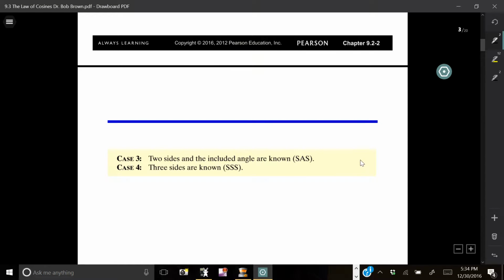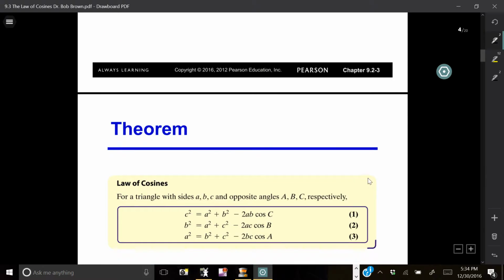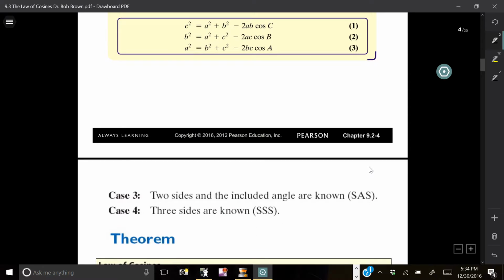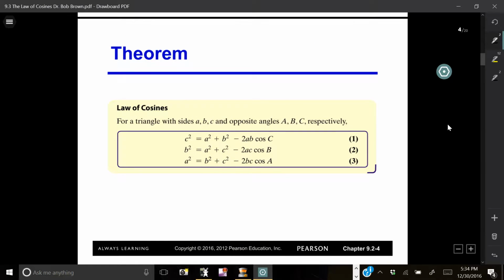So we're going to do case 3 and case 4 that we talked about in the previous lesson. And here is the law of cosines that says that c squared is equal to a squared plus b squared minus 2ab cosine of C. And this helps us solve a problem where angle C is not a right triangle.